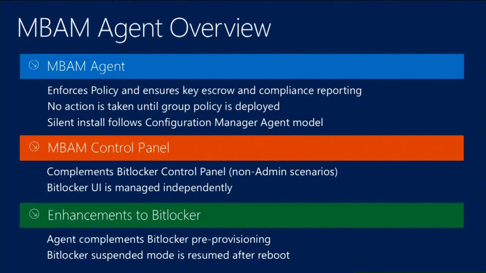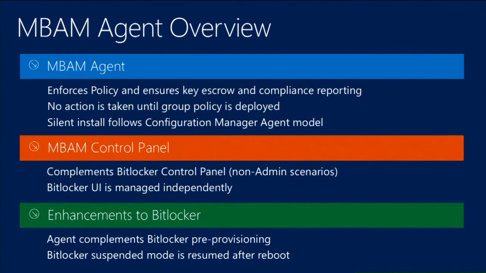So we added this UI where a standard user can go to this control panel applet, and in Windows 7 they can make that PIN change themselves. Now in Windows 8, there's been some enhancements there as well where a standard user can change their PIN. So that's kind of a good enhancement there, but for Windows 7 we still need to support that, so that UI still exists.